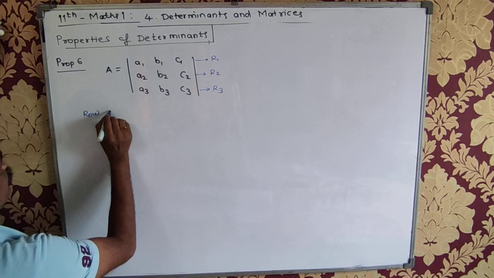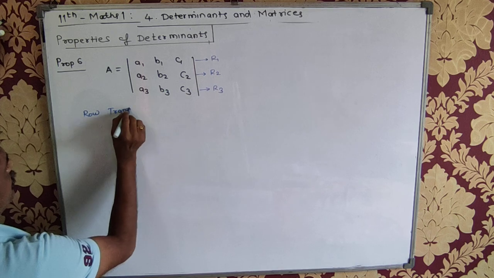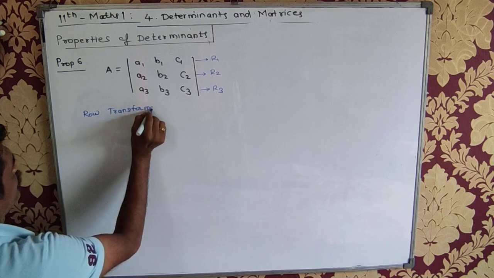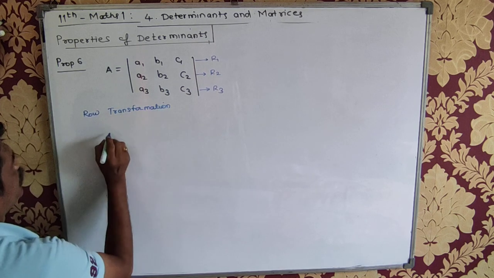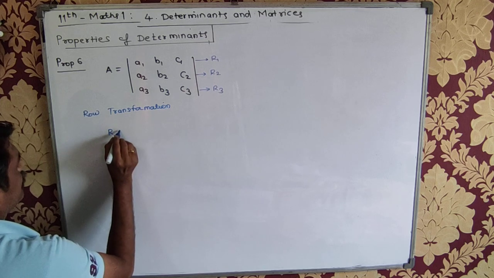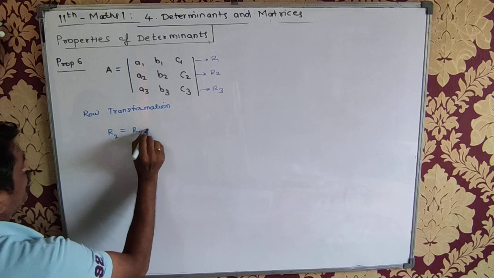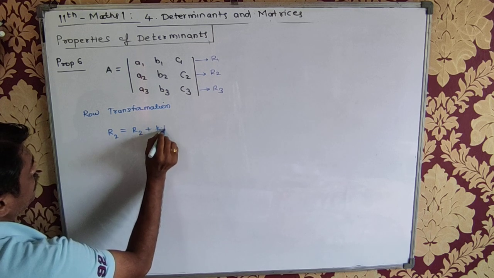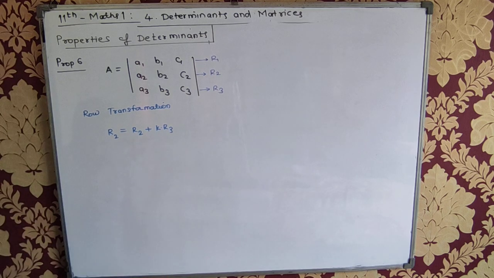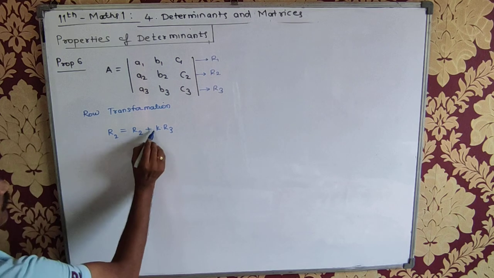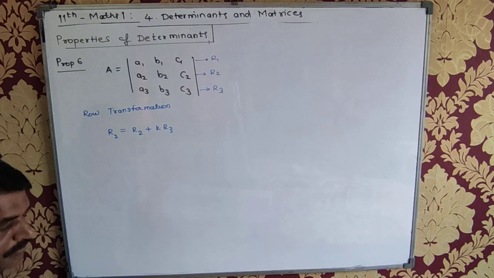What is meant by a row transformation? For example, R2 is equal to R2 plus K times R3. This K can be positive, negative, any real number.